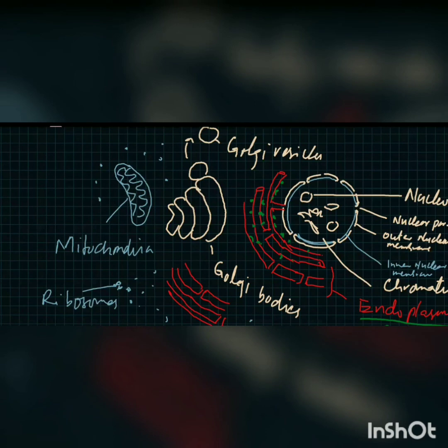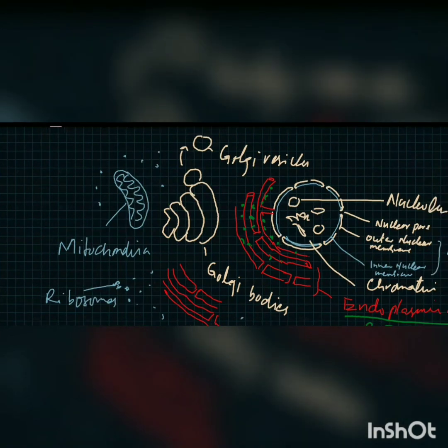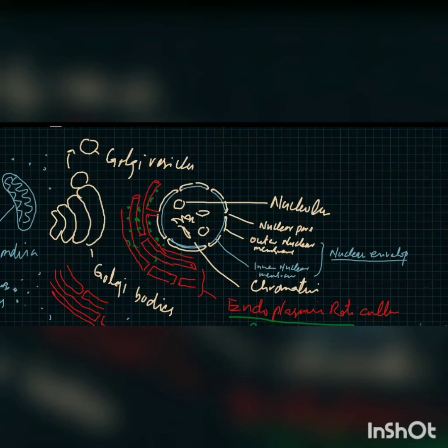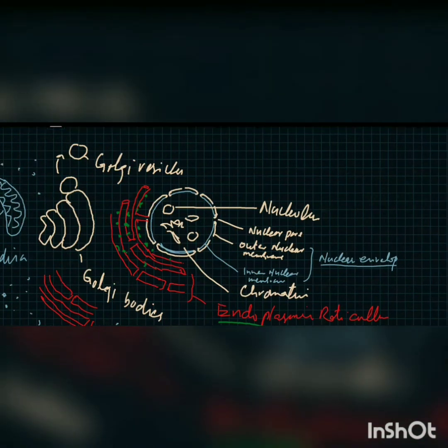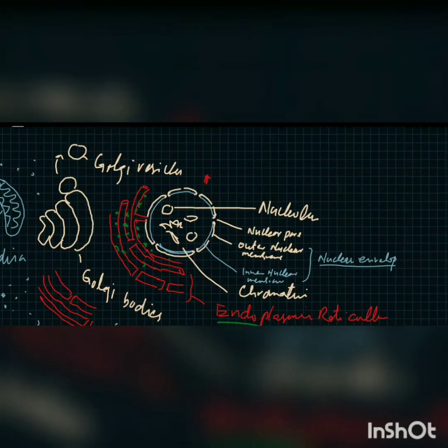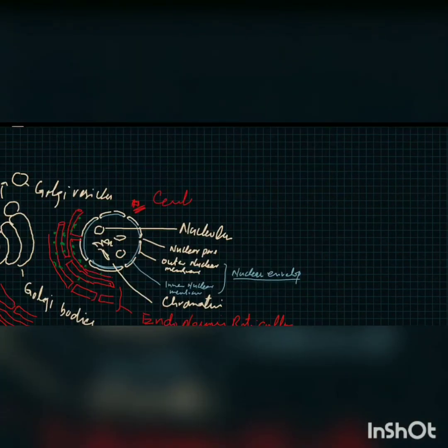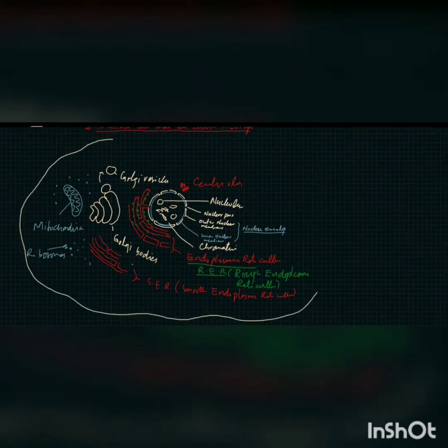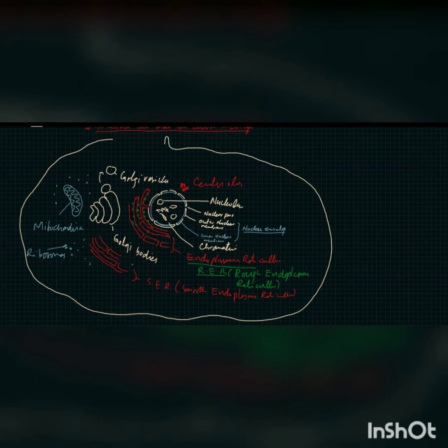And near this nucleus, we will see a star-shaped structure consisting of two cylinders known as centrioles. Whole this structure is enclosed in a cell membrane on its outer side, which is known as cell membrane.